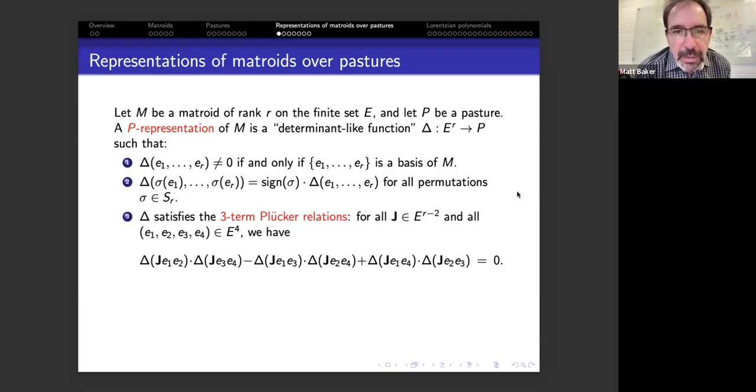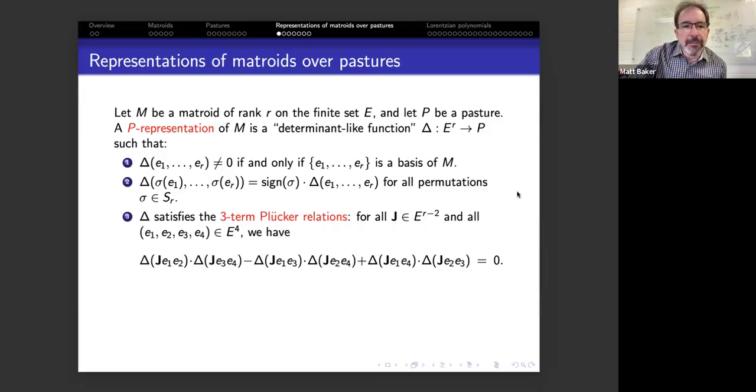By the way, if you contract this set J, then you get a U24 minor of your matroid, and then you really just have the G24 Plücker relation that we had before. So these three-term Plücker relations correspond to U24 minors in some way.